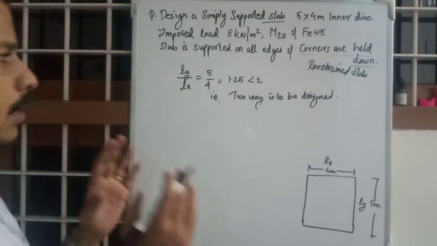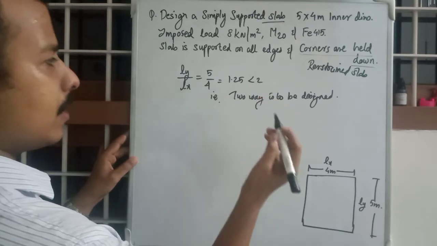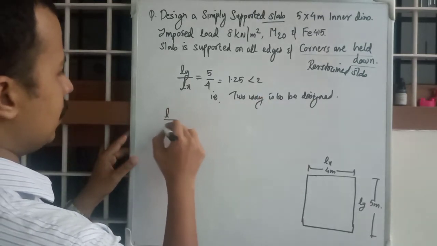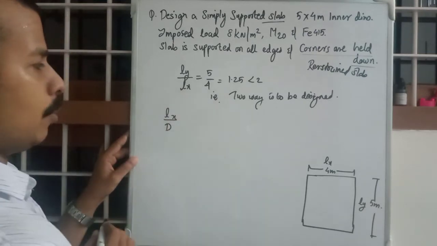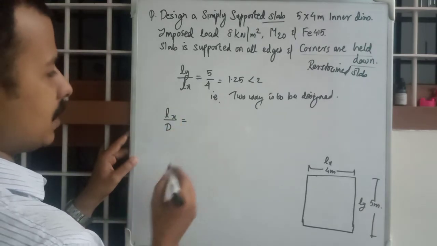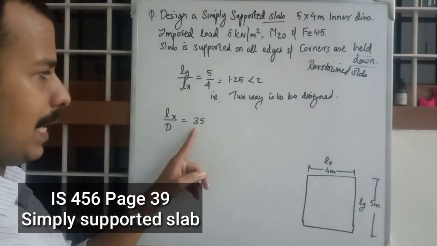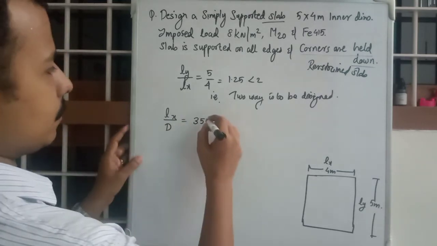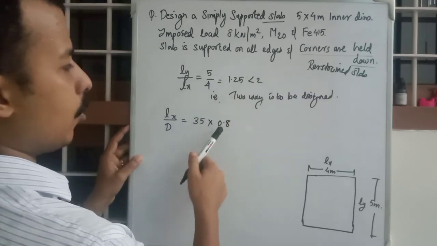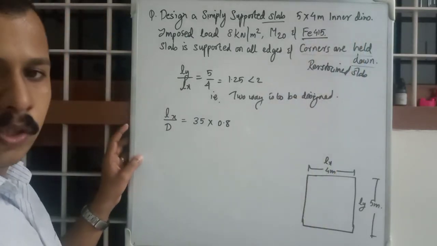Now we are going to design the overall depth as always. This L by D, in here it will be Lx by D. As we did in the simply supported slab, this 35 is obtained from the IS code for two-way simply supported slabs, and into 0.8 is when HYSD steel is used.